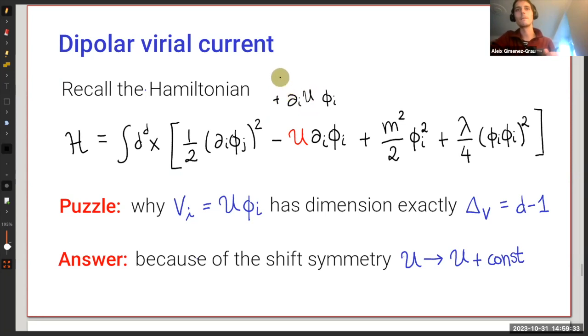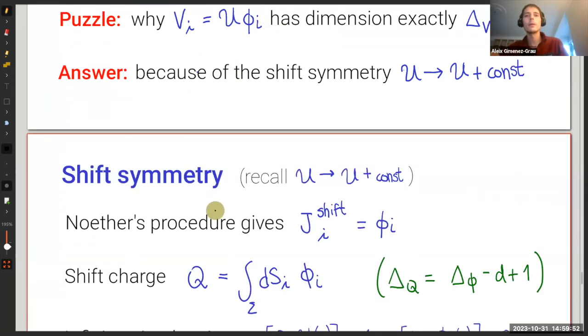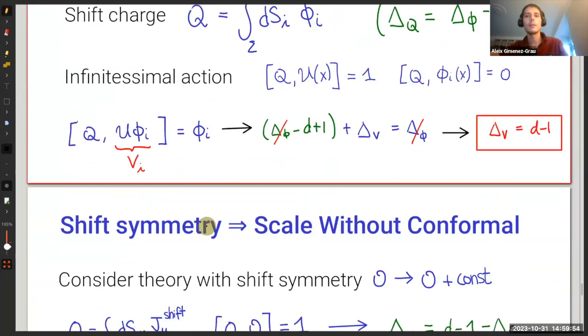Now a very stupid comment. A free scalar field has a shift symmetry, but it's conformal. That is correct. So what goes wrong in my argument?